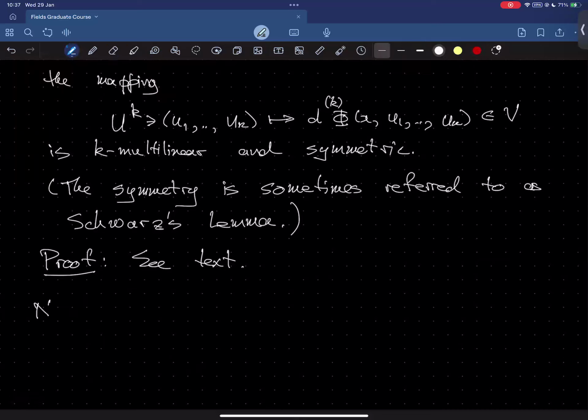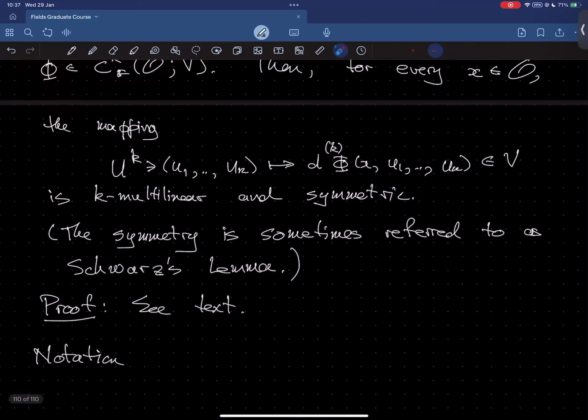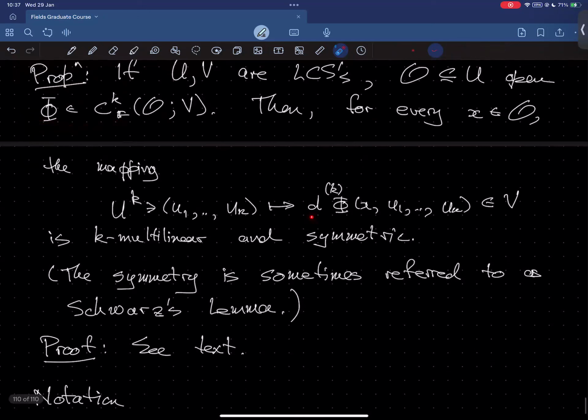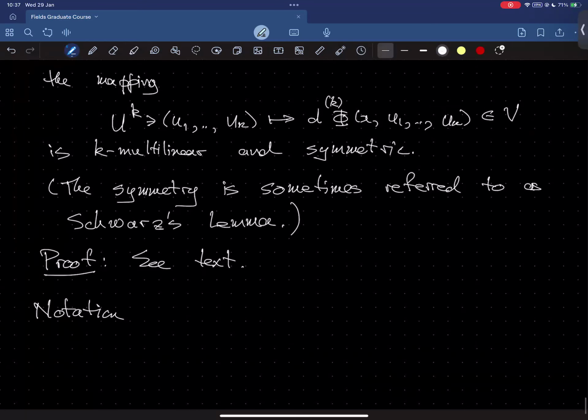Notation. And notice also that this mapping is certainly continuous, because if phi is of class C^k, as we just saw, D^k phi is continuous. So this mapping from the U's into V is certainly continuous. We're interested in continuous multilinear mappings, and we have notation for those.